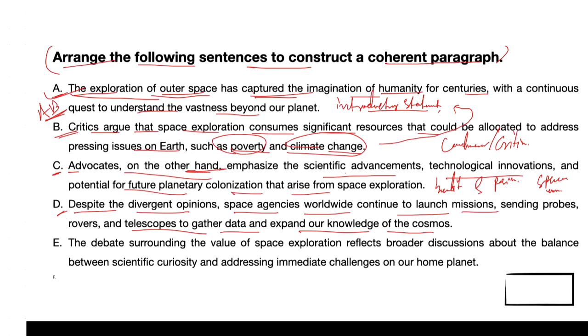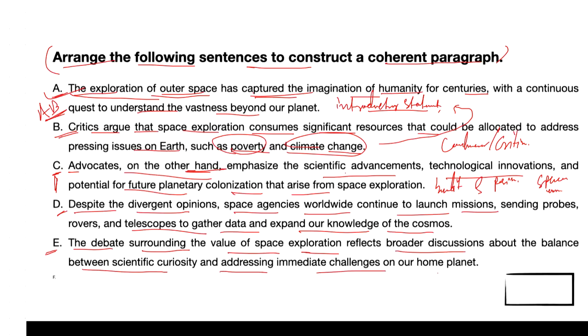The last one, sentence E, stated: the debate surrounding the value of space exploration reflects broader discussion about the balance between scientific curiosity and addressing immediate challenges on our home planet.